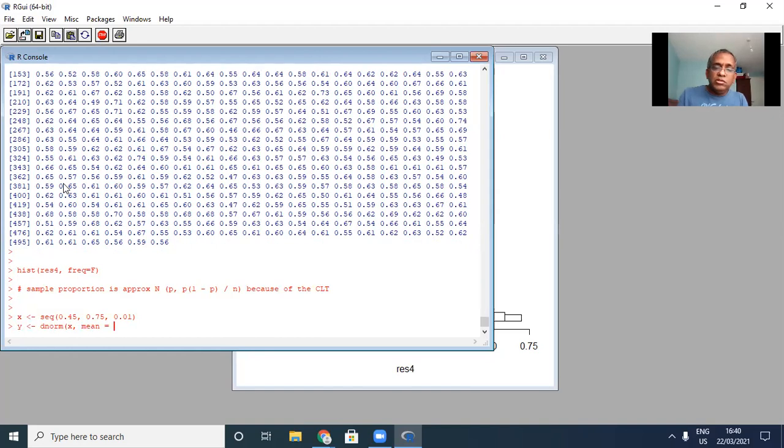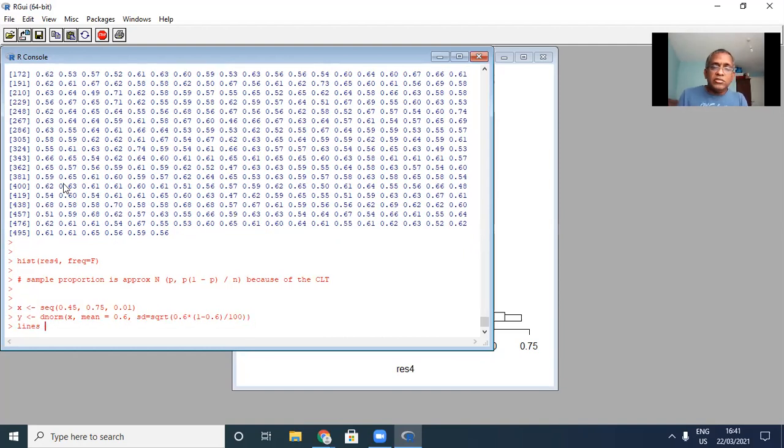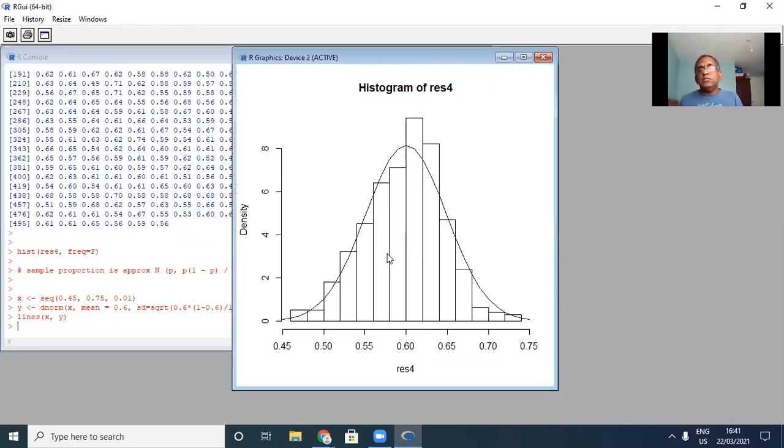We took p to be 0.6, and the standard deviation is equal to the square root of p times 1 minus p divided by n, which is 0.6 times 1 minus 0.6. n was chosen to be 100. And finally, you do the lines command, x comma y.